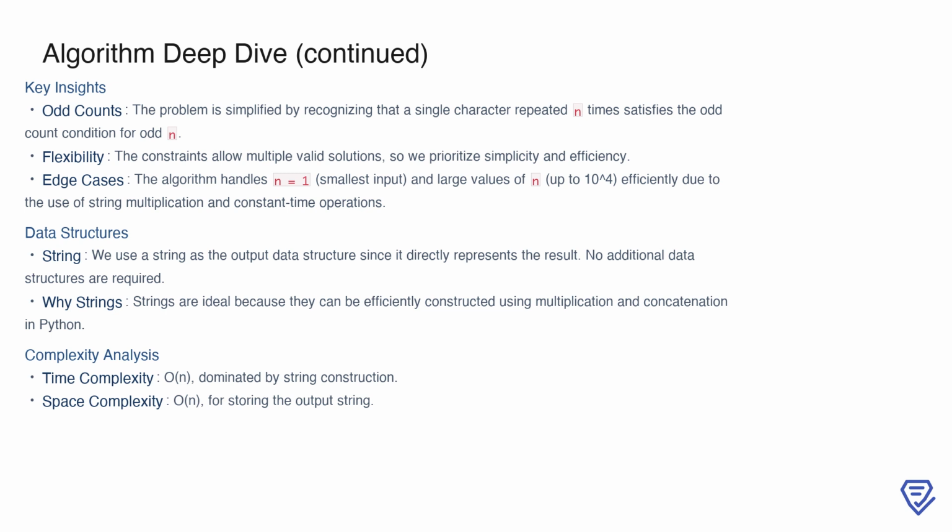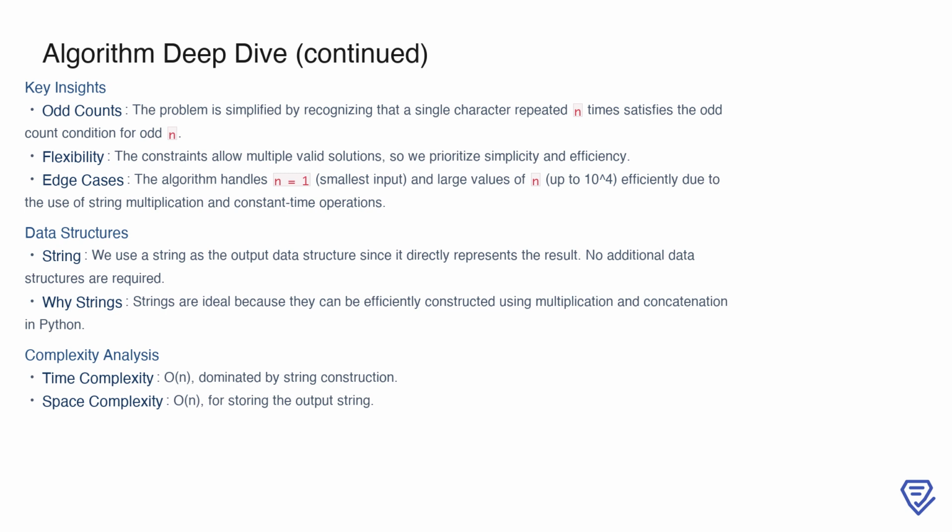This means we can always default to the same characters, like a and b, without overcomplicating the solution. Third, the algorithm efficiently handles edge cases. For example, when n is 1, the smallest input, the output is simply a. Similarly, for larger values of n, up to 10^4, the use of string multiplication and constant time operations ensures the solution remains performant.